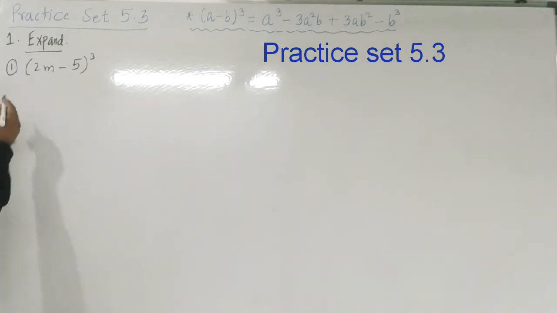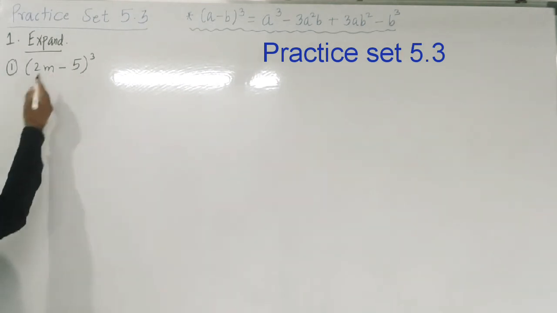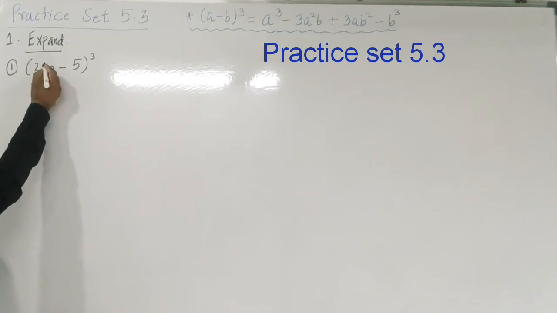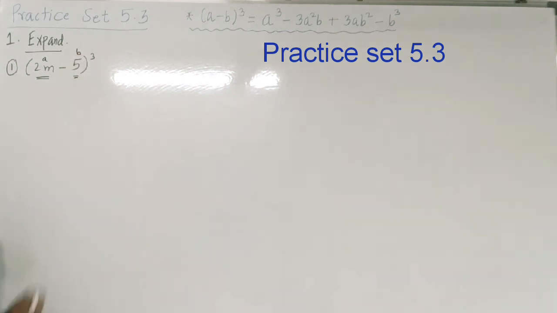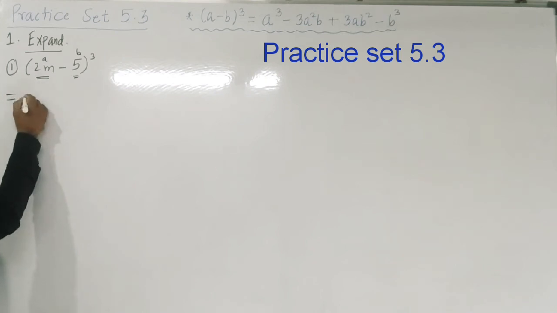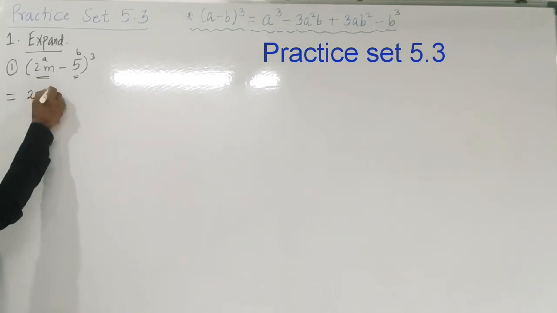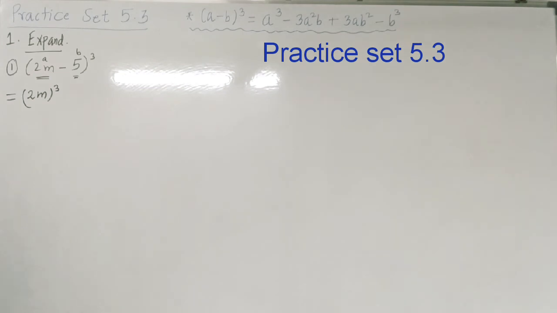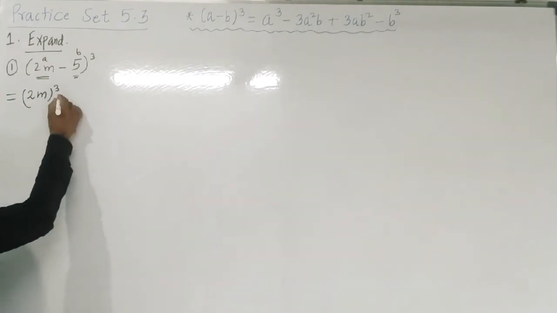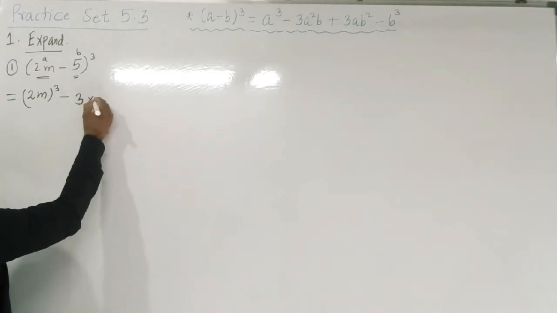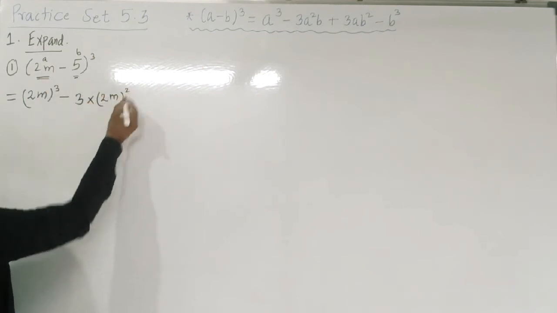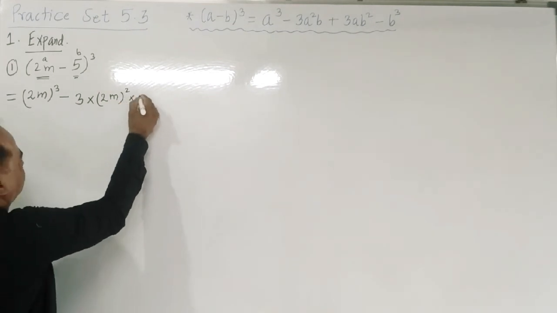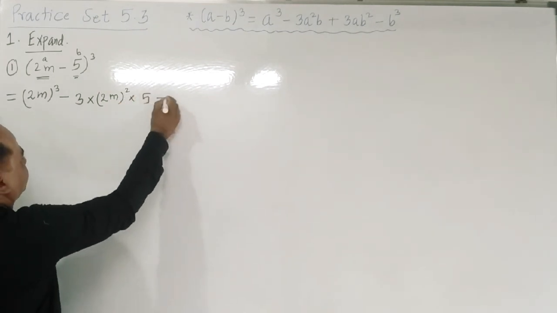So, first one, (2m minus 5) bracket cube. At the place of a, there is 2m. At the place of b, there is 5. Now, apply the formula. So, first term, (2m) bracket cube, minus 3 times the first term 2m square into 5.